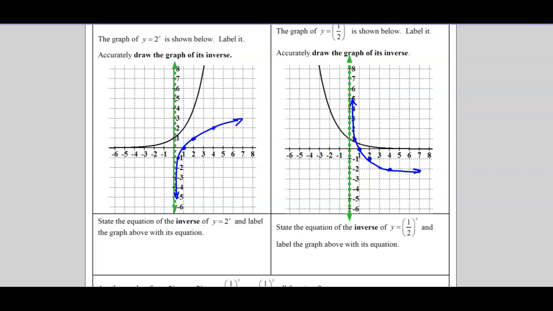Okay, so remember, if they're inverses, you fold your paper along y equals x if it's perfectly square grids, and those graphs should overlap each other. So the equation of the inverse is x equals 2 to the y in that one, x equals 1/2 to the y in that one.